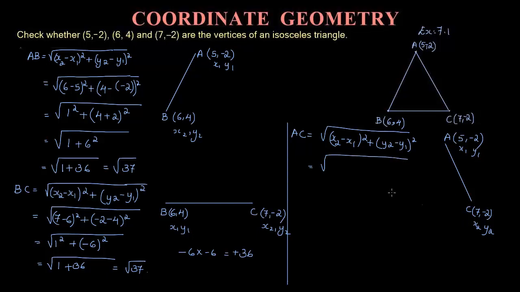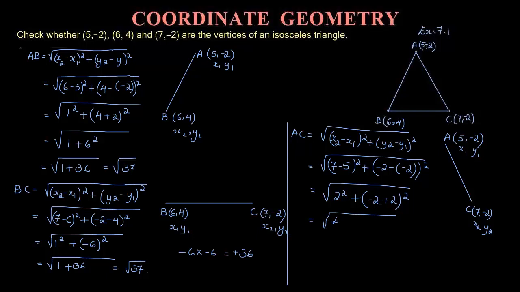So x2 value is 7, 7 minus 5 the whole square plus then we have minus 2 minus, and this is formula minus, and you can observe here the coordinate is also minus 2, so write in double bracket this one, right? 7 minus 5 is 2 square plus here you can observe minus 2, minus into minus it will become plus 2 whole square, right? So how much are you going to get? You are going to get 4, and this one minus 2 and plus 2 will become 0, so plus 0. So square root of 4, which is equal to 2.